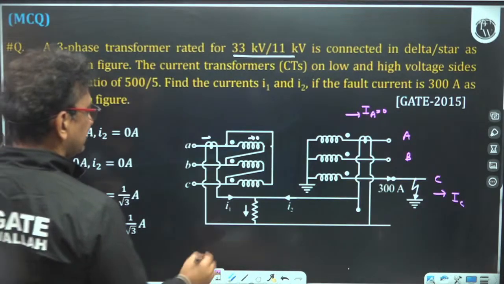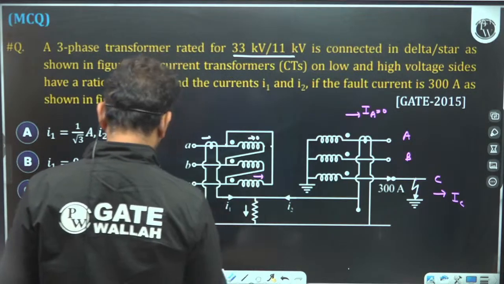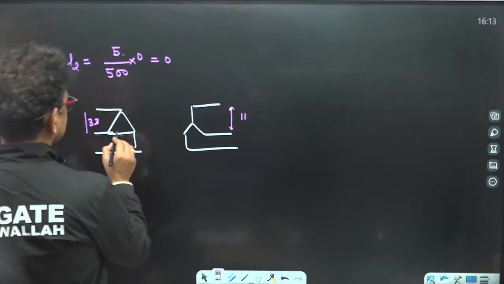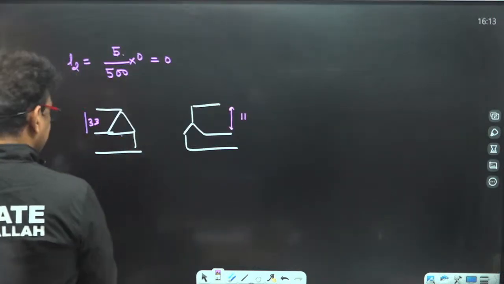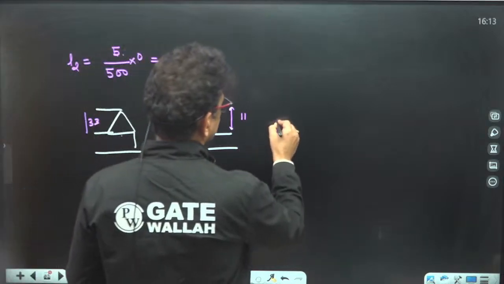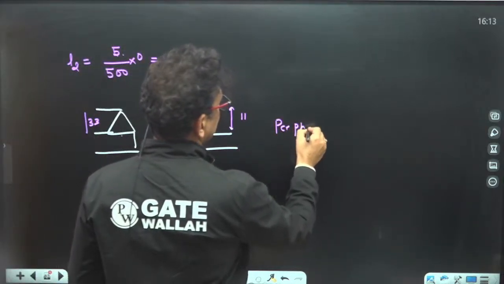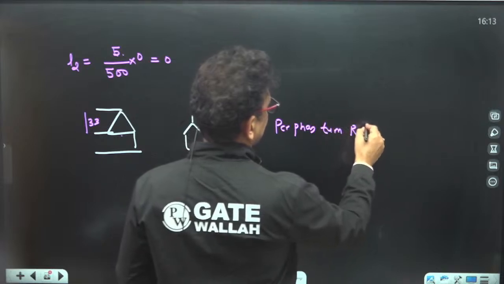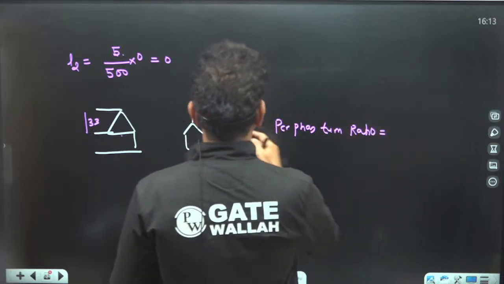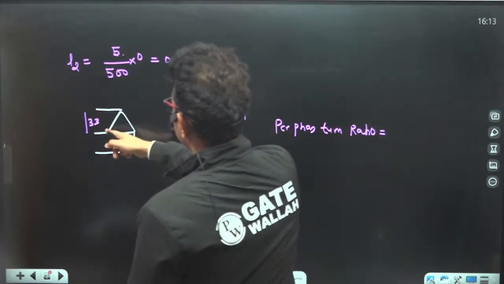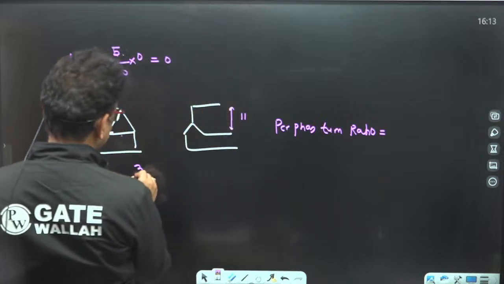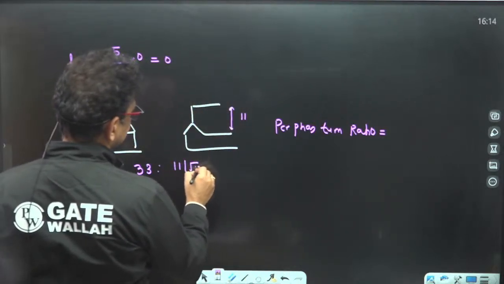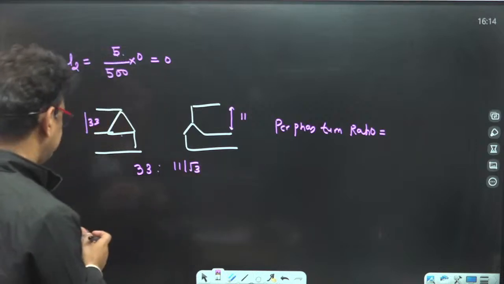Now if we find the current in the C phase, per phase turn ratio: on the delta side, 33 is 33 only. Per phase on the star side it becomes 11 by root 3.